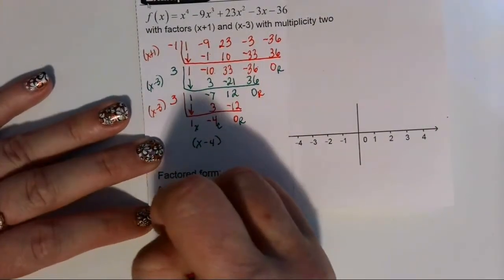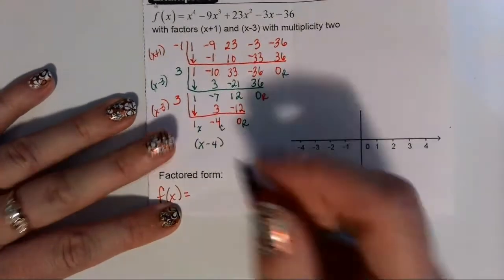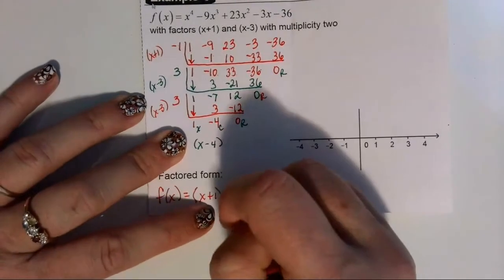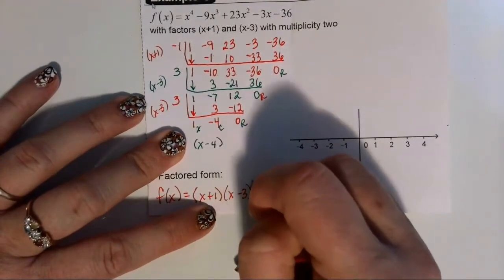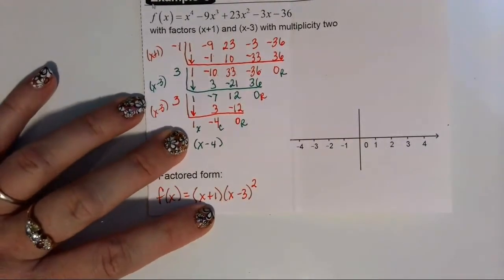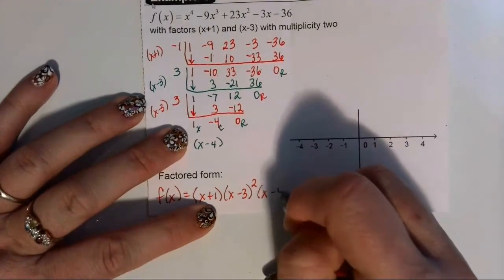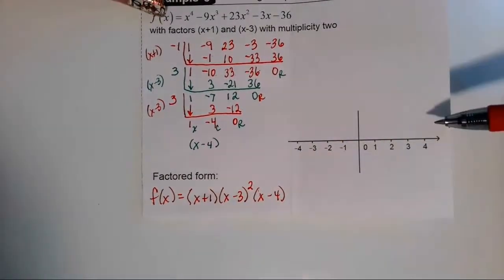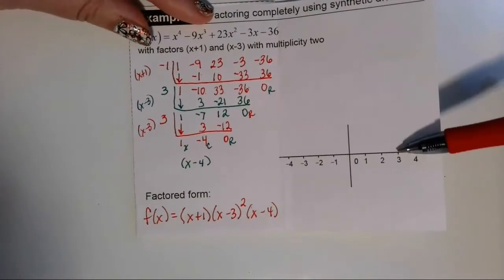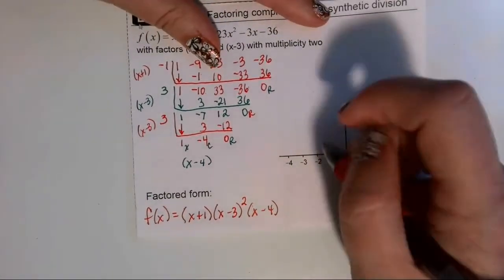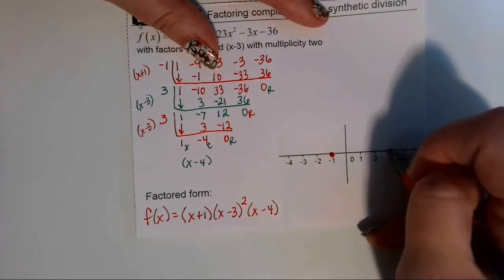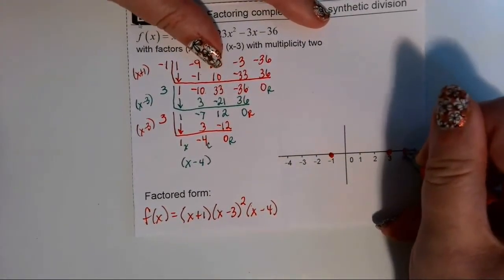So the completely factored form is an x plus 1, then an x minus 3 that has multiplicity of 2, and then my quotient is a factor of x minus 4. Okay, so that would be the factored form, which will allow me to sketch this graph by putting real zeros at -1, at +3, and at +4.